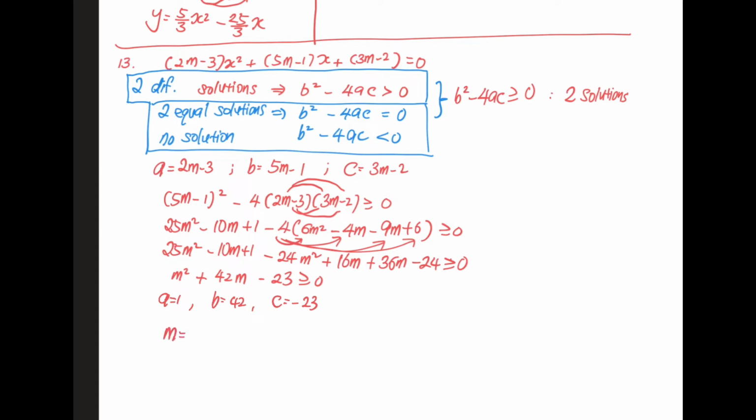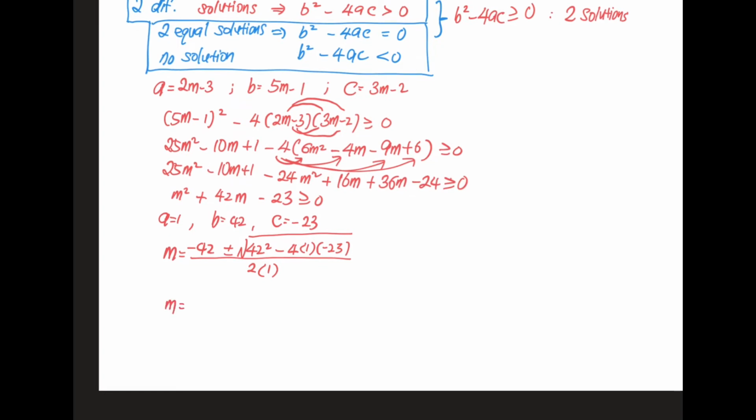Then we use the quadratic formula: minus b plus minus square root of b squared minus 4ac, over 2 times 1. Again we press everything in the square root first: 42 squared minus 4 times 1 times minus 23. So square root of 1856, over 2.